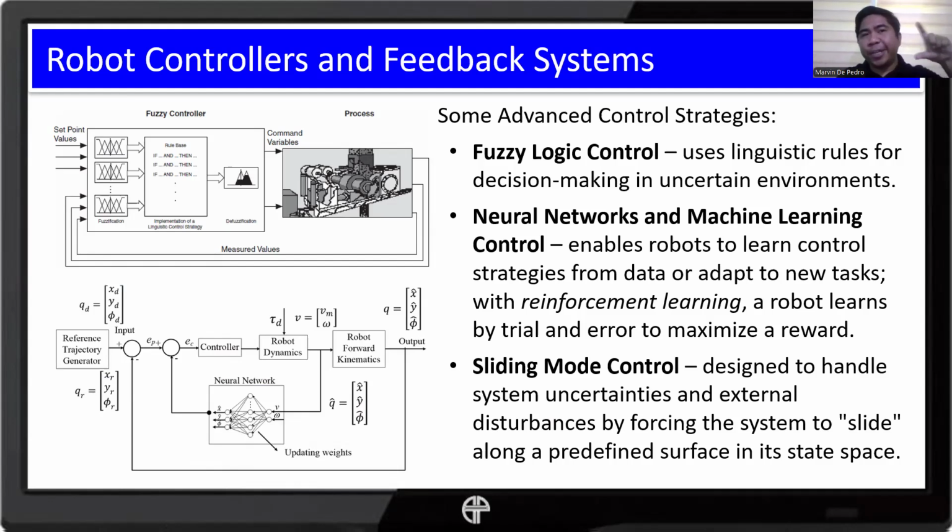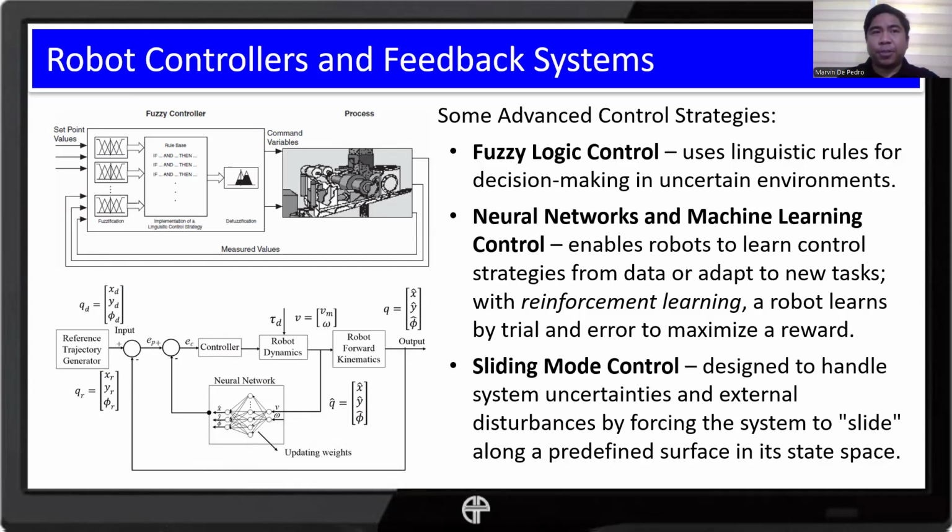So it has ordinal inputs and ordinal outputs.